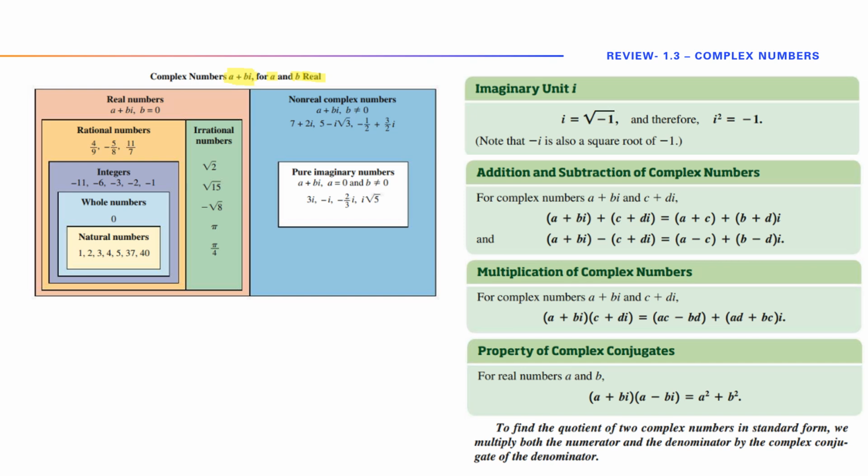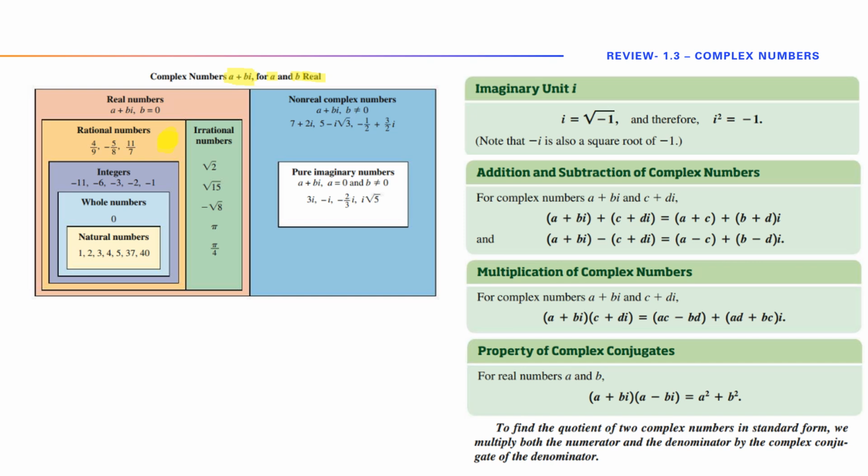You see the real numbers are in the orange square, and that includes the rational numbers and the irrational numbers. The smaller set will be inside the bigger set.